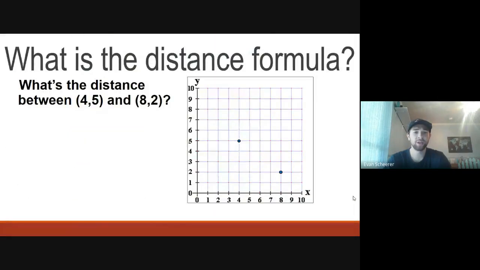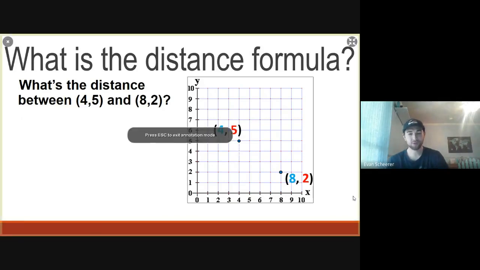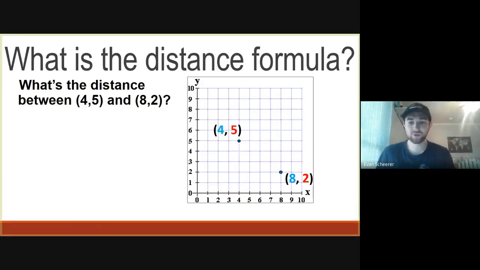So first, what is the distance between (4, 5) and (8, 2)? So notice right here, we have (4, 5) and we have (8, 2). Now, if we want to draw a line across connecting the two, we can. It's perfectly fine, right? But that's not going to give us a perfect distance, because this is diagonal, and I don't know exactly how much diagonal.